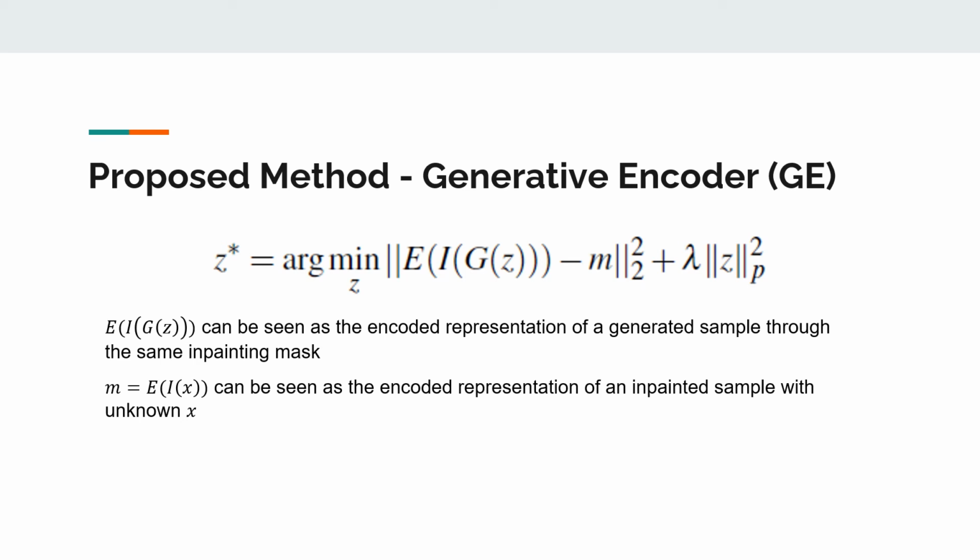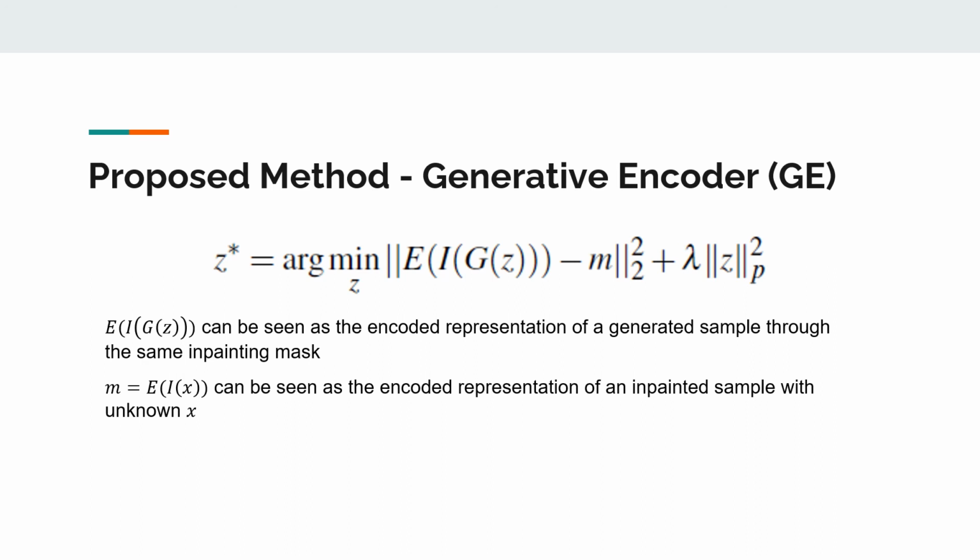Thus, in the first term, E(I⊙G(z)) can be seen as the encoded representation of an in-painted generated sample, while M is the encoded representation of a target in-painted sample where X is unknown.